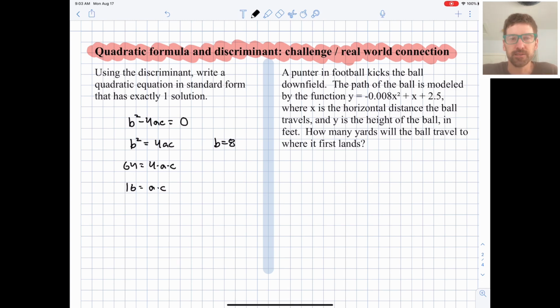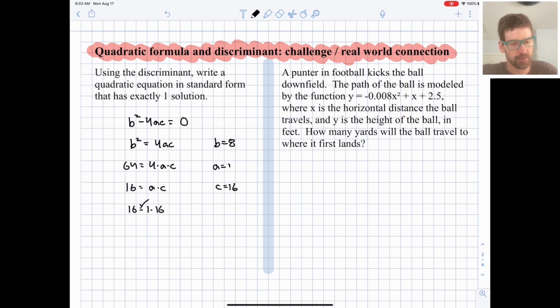All right, so we need two numbers that multiply together to be 16. And let's have a equal 1 and, excuse me, c equals 16. So 16 would equal 1 times 16. That checks off.